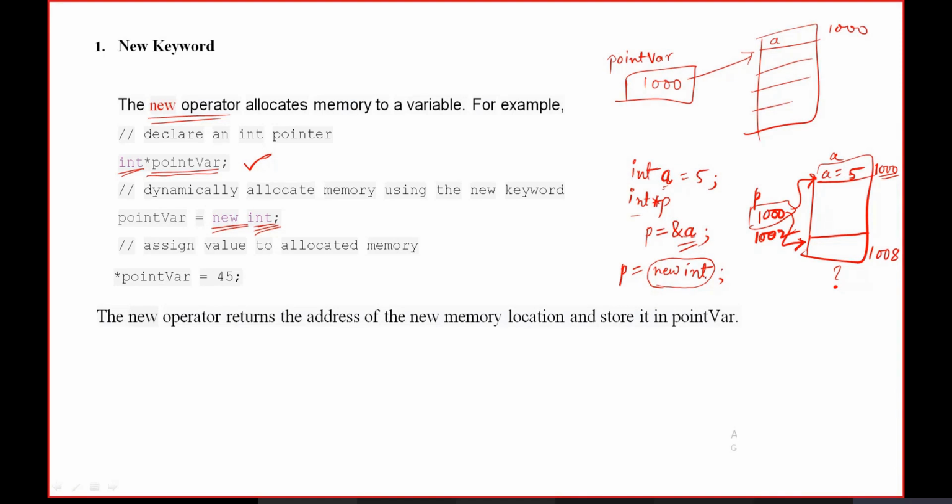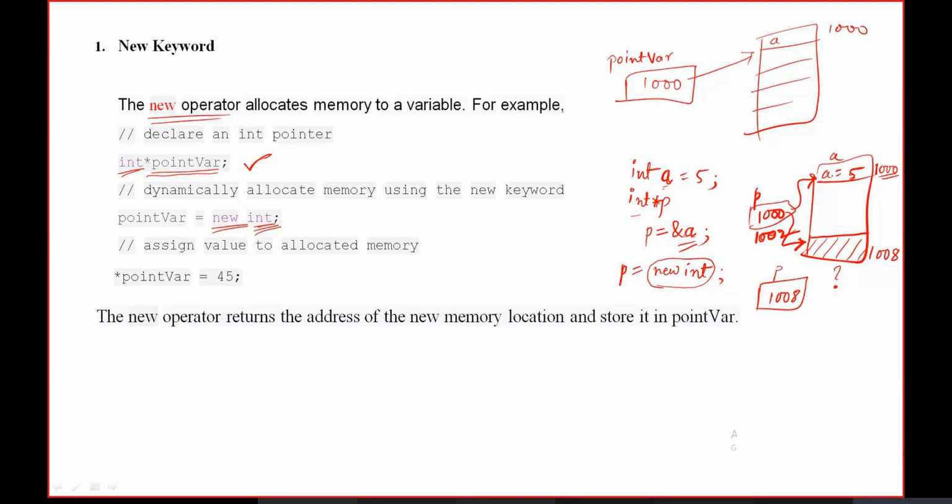So what will p hold in this case? p will hold 1008. The moment this memory got reserved, the address of that memory location is returned and p stores that address. Got it?